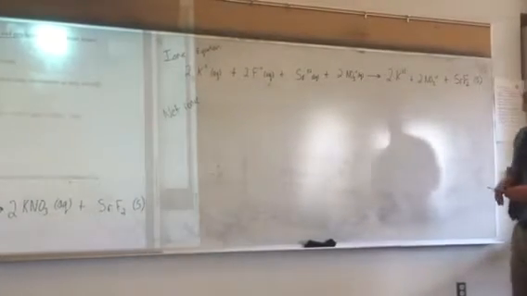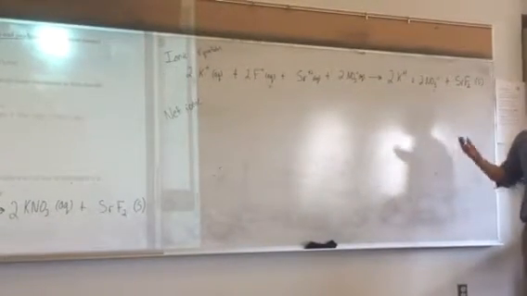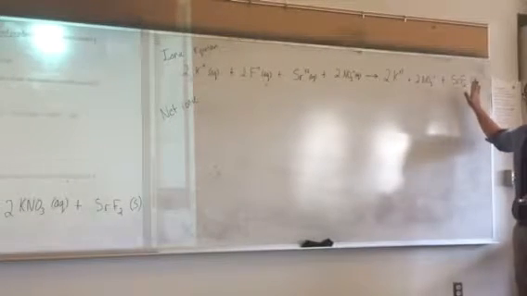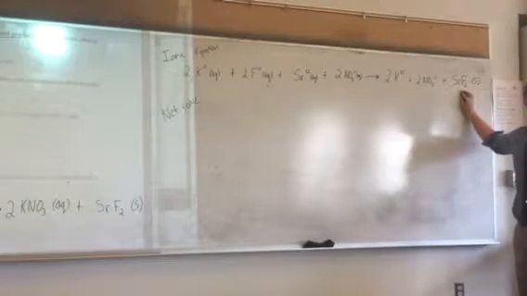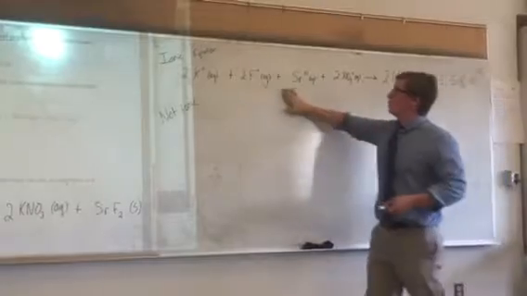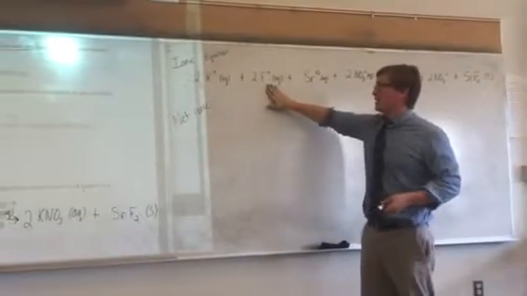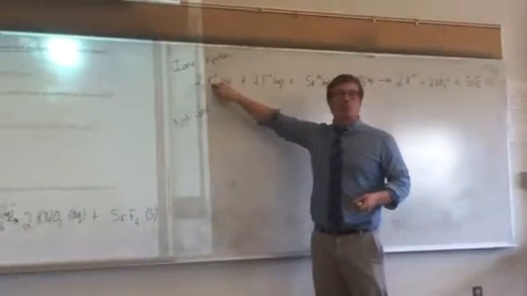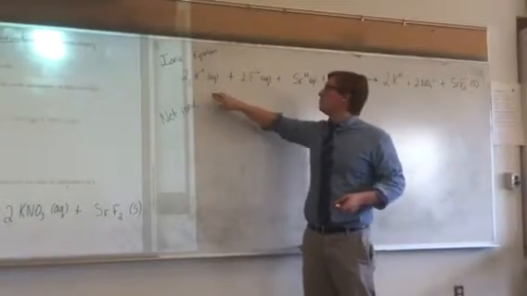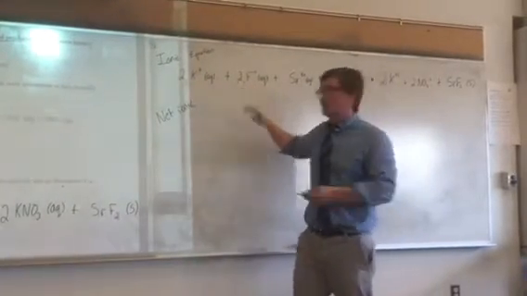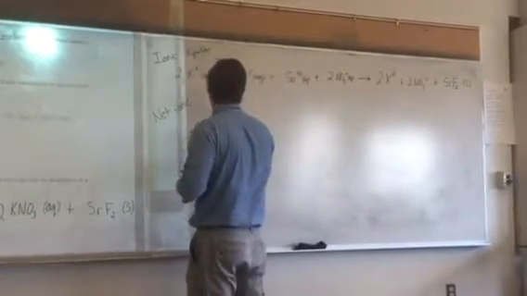The only things involved in the reaction are the ones that produce the solid. So on our reactant side, is potassium part of our solid? Nope. Is fluorine? Yes. So fluorine is part of our net ionic.